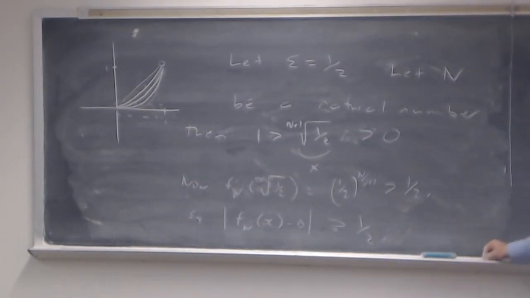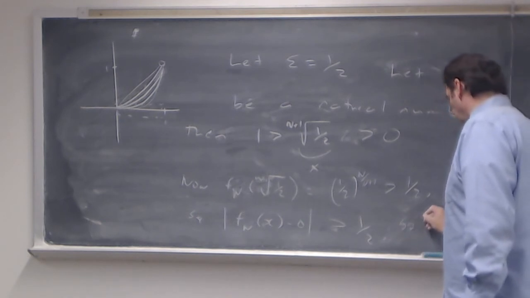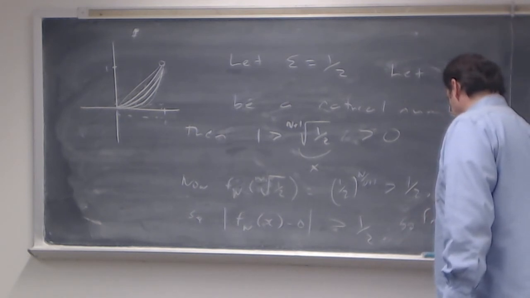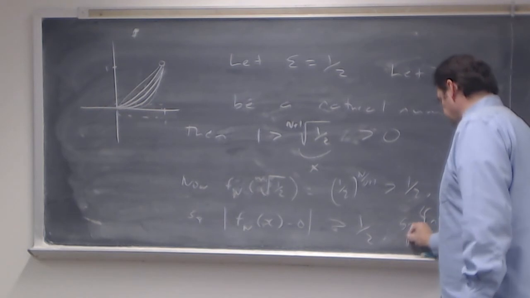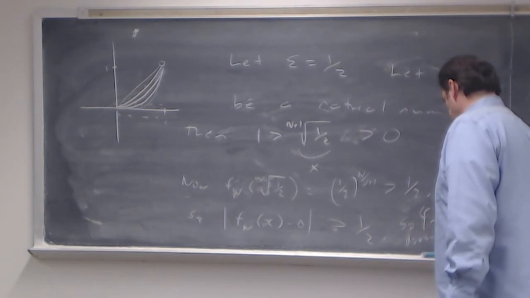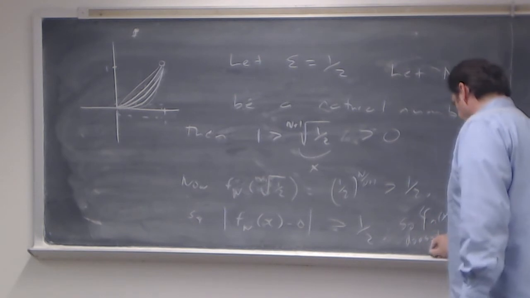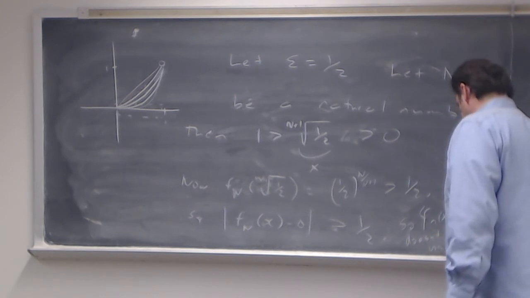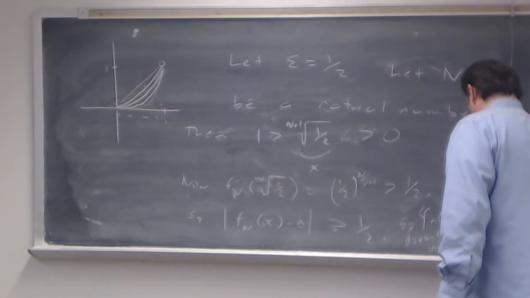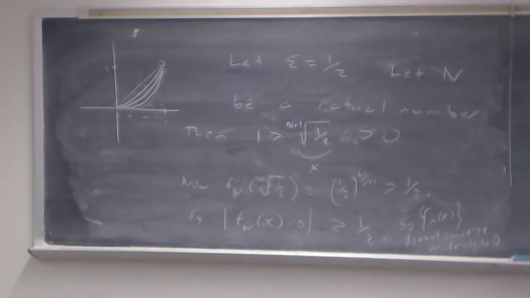And that shows f sub n of x does not converge uniformly to 0. How come?